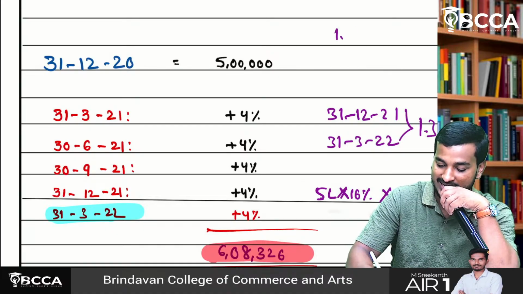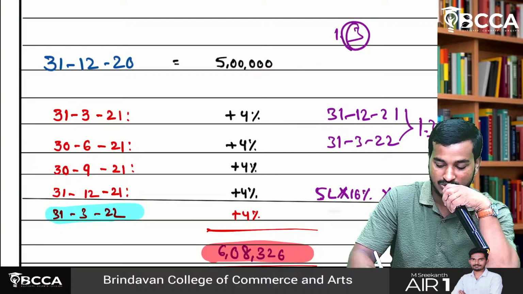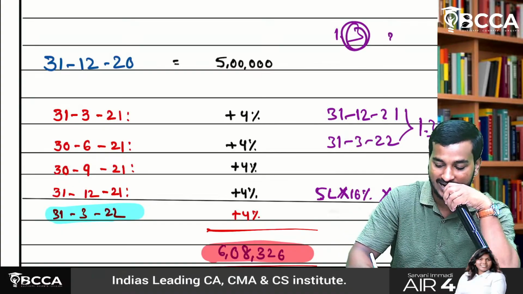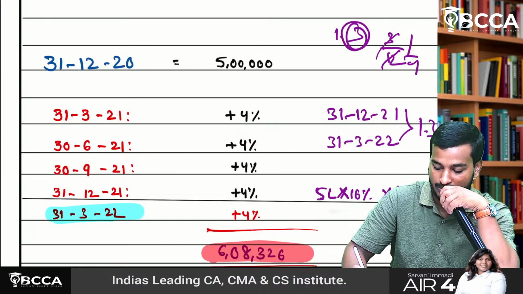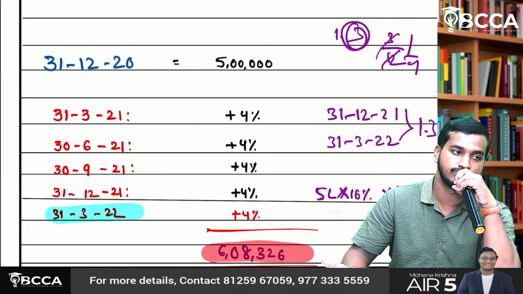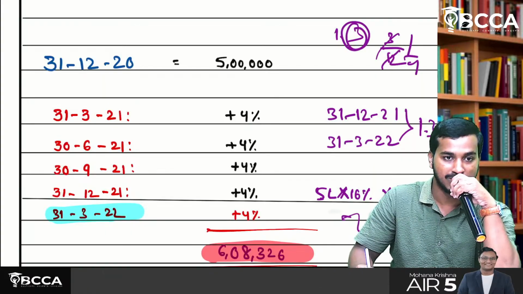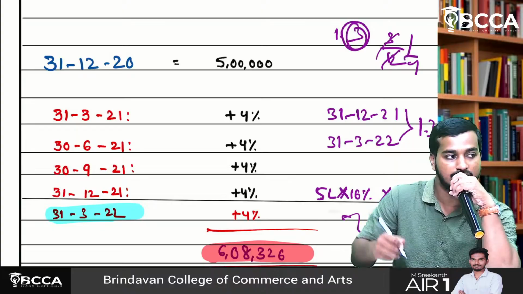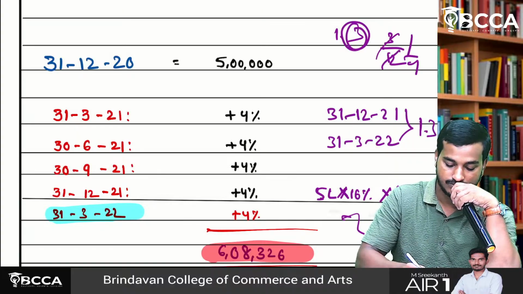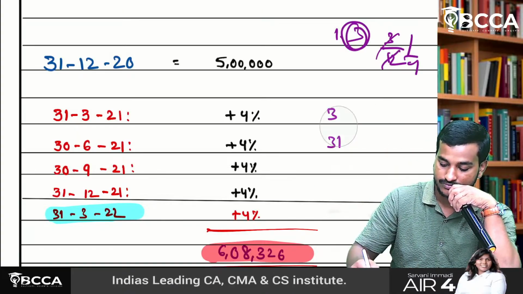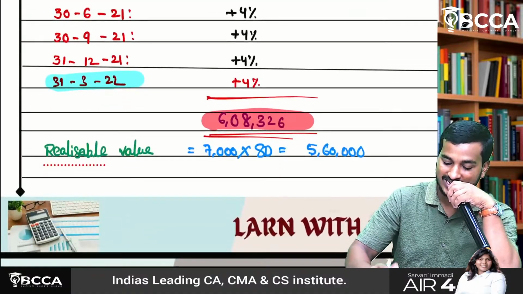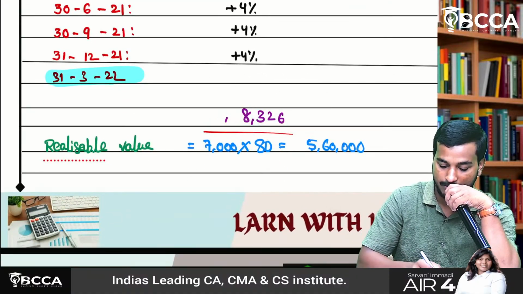That means 1 year 3 months. 3 months you can convert into years, like 3 by 12, 1 by 4, so you write 1.25 years. That is also fine, you will get the answer. So based on the question, you have to apply this calculation. So you will get some outstanding balance.